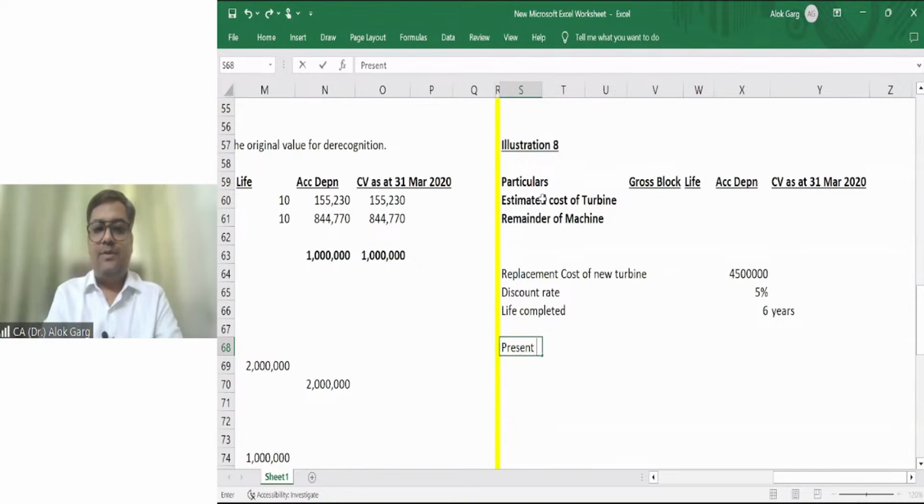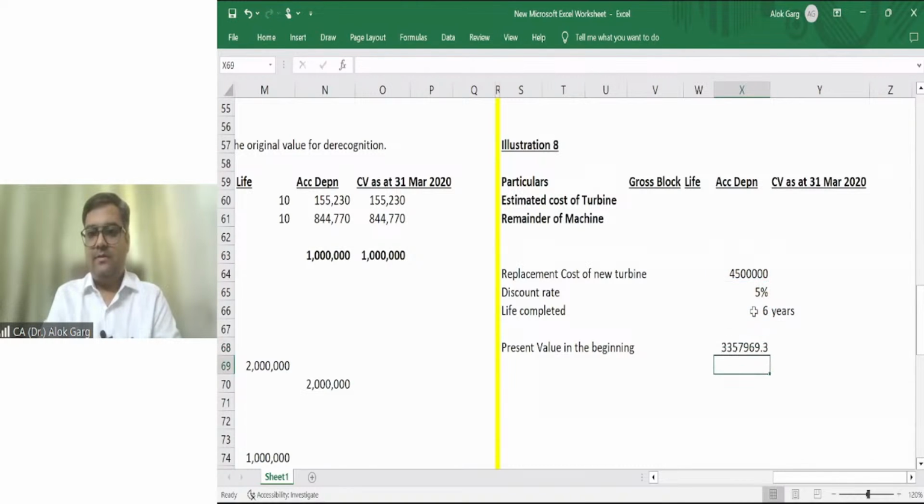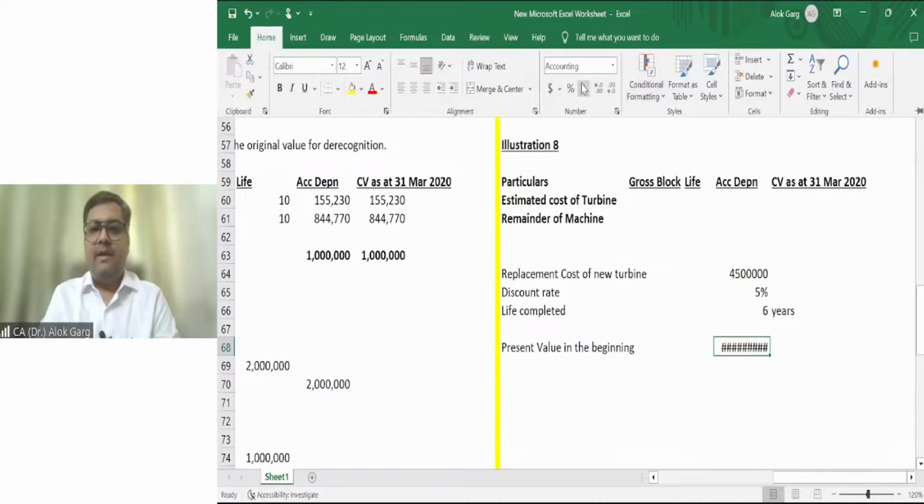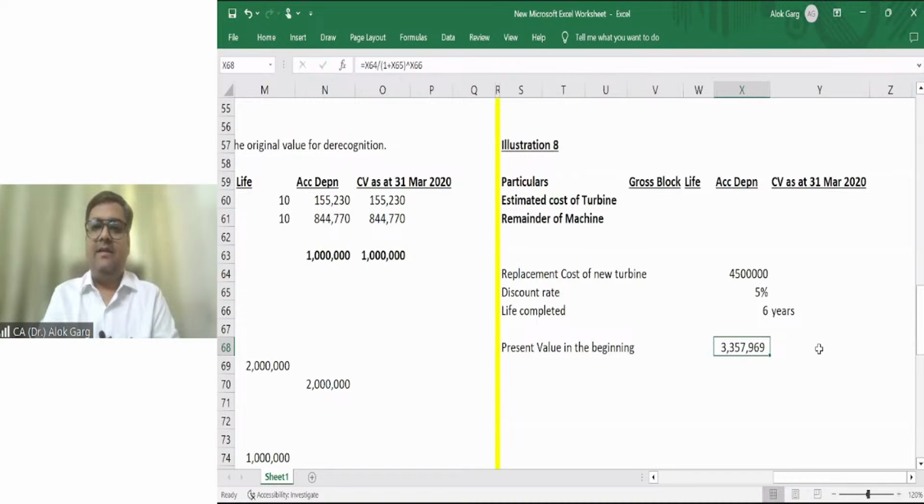So present value in the beginning, considering this replacement cost in the beginning: 45 lakh divided by 1 plus 5% to the power 6. It gives you 3357969. You can round off.